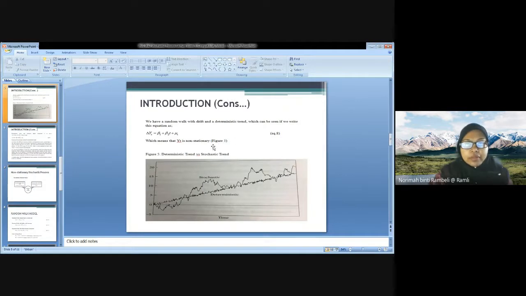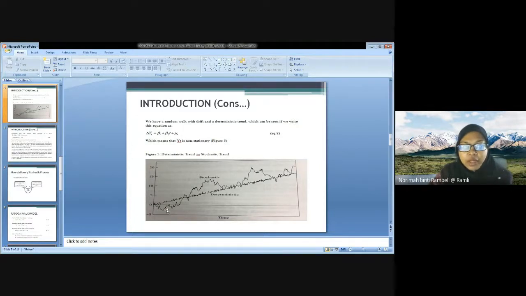So as you can see here, this is the different graph trending of the stochastic process and also the deterministic process.